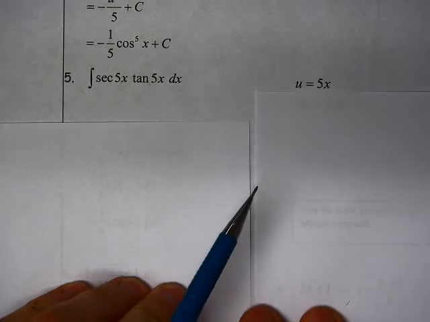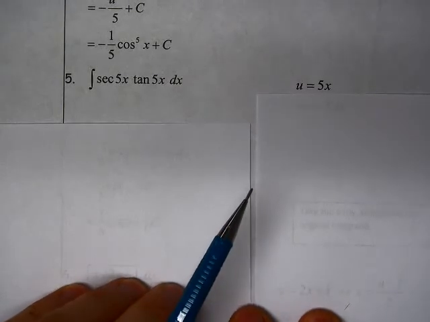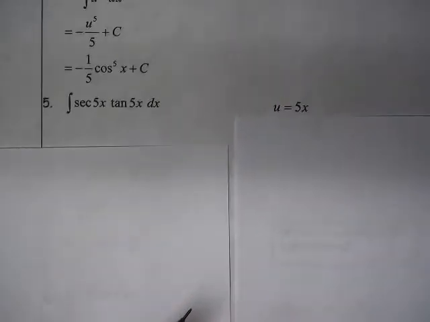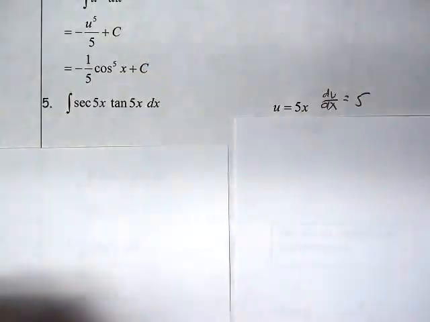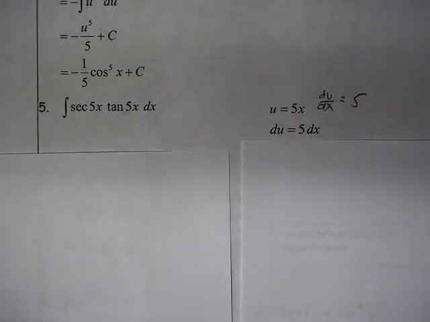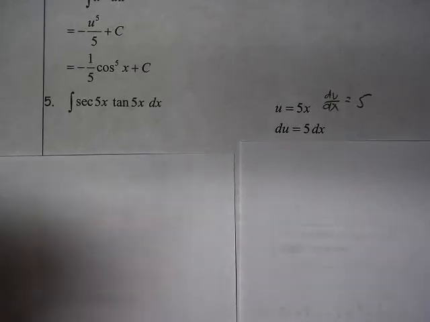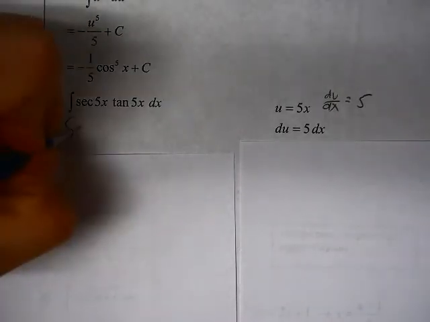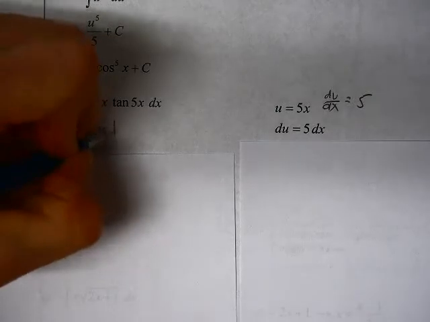And so I say, okay, well, u is equal to 5x. So du dx equals 5, and du equals 5 dx. So I can write this integrand now as secant of u, tangent of u.